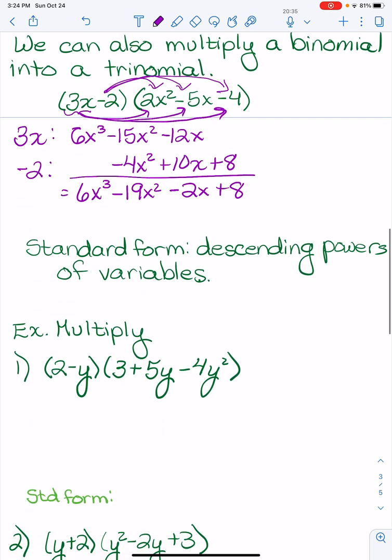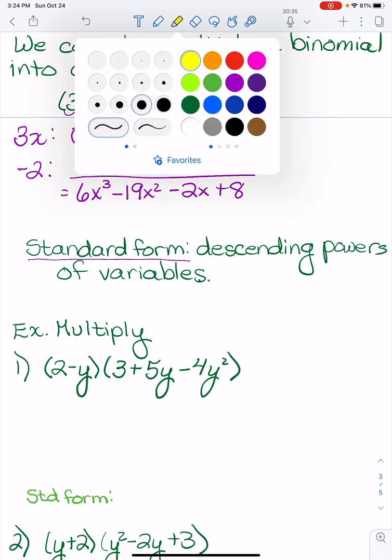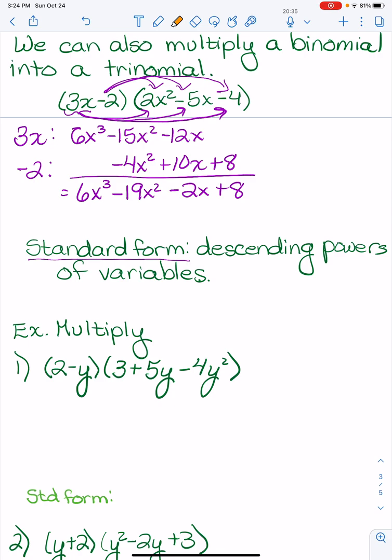All right, so standard form, we'll oftentimes talk about standard form of polynomials, and that just means that they're in descending powers of the variables. So if you look at this previous answer, we notice x cubed, x squared, x to the first, and then just the constant term. Because x is in descending powers, that means it's in standard form.